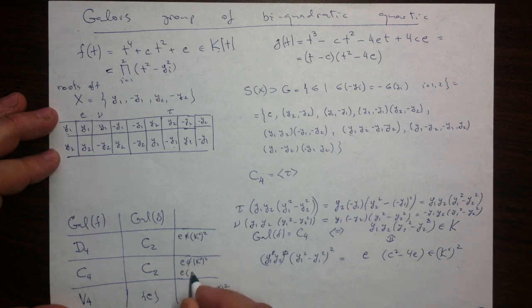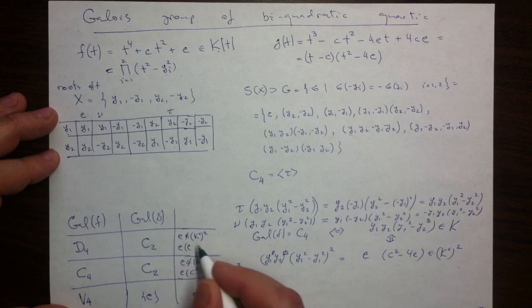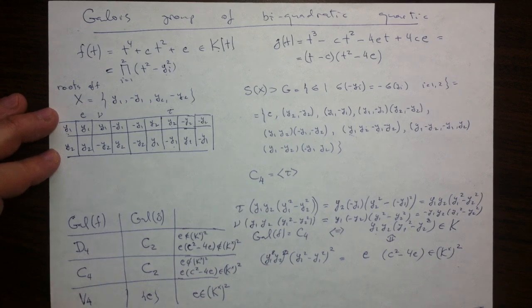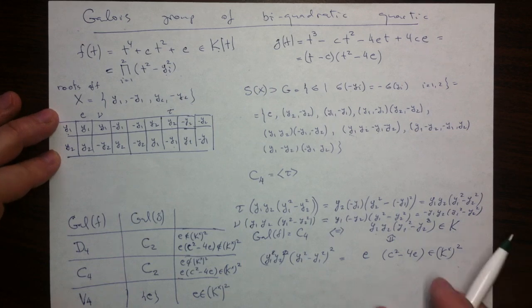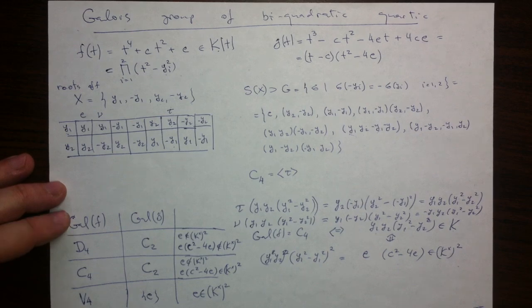And that is a convenient criterion in terms of the coefficients of my bi-quadratic. So to be cyclic, I should have this quantity be a square, and otherwise, when it is not, so this is c squared minus 4e, if it is not a square in my ground field, I should have the maximal allowed symmetry group, the dihedral group D4. So that's a full analysis of the case of a special quartic, bi-quadratic quartic.